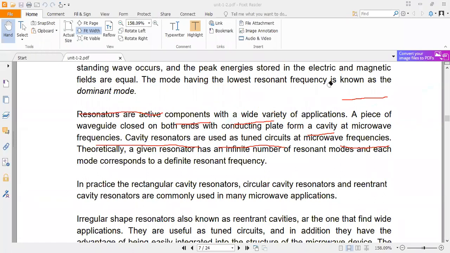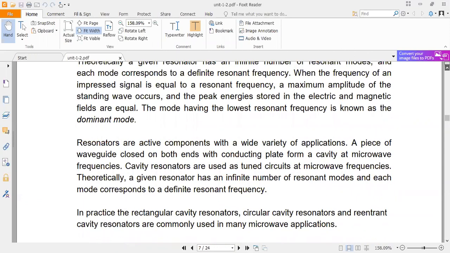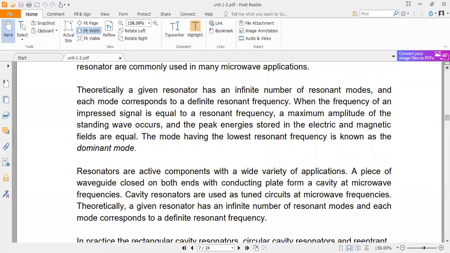I'll show you. So did you understand what a cavity resonator is? It's a closed waveguide. Both ends of the waveguide are closed with conducting material, which is used to confine the electromagnetic energy.